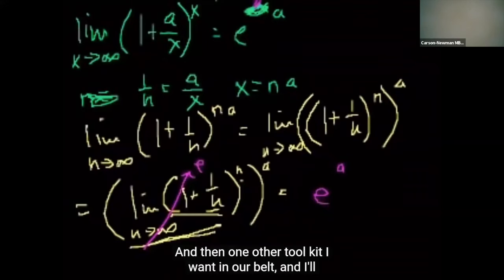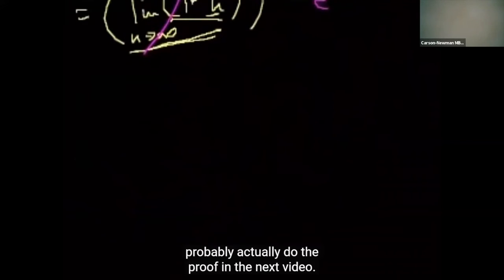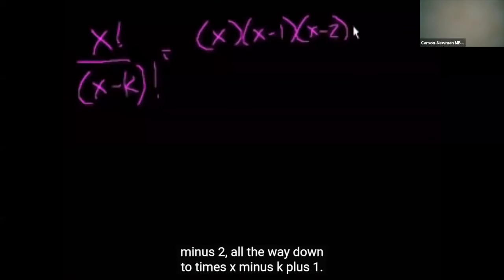And then one other tool I want in our belt, and I'll probably do the proof in the next video, is to recognize that x factorial over x minus k factorial is equal to x times x minus 1 times x minus 2, all the way down to times x minus k plus 1.